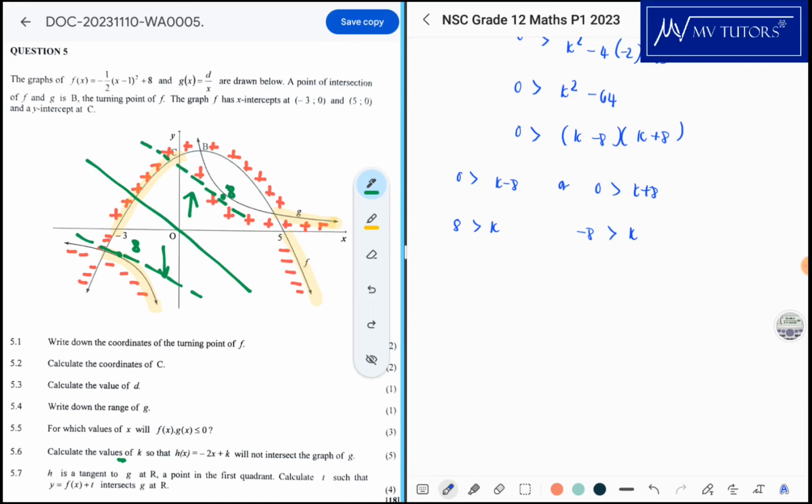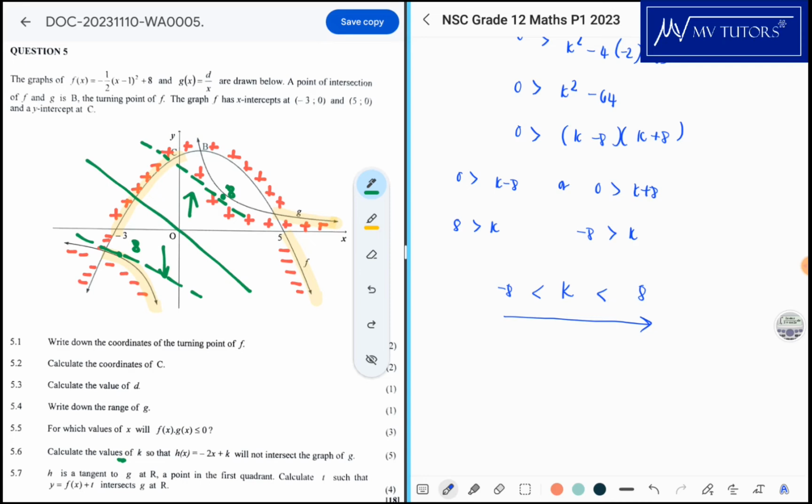So in actual fact, k has to be in between negative 8, we start with a smaller number, and 8. Okay, and we can't include equal signs because they said it should not intersect the graph of g. So k is bigger than negative 8, but it is smaller than 8. So that's how you would write your final answer.